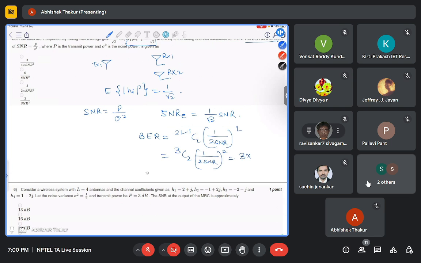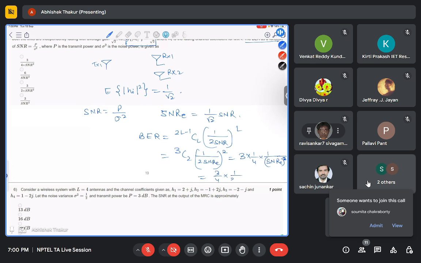So it's equal to 3 into 1 by 4 into 1 by SNR squared, and this will take the SNR effective because there is a channel fading coefficient here. So it is equal to 3 by 4, and SNR effective is 1 by root 2 of SNR.